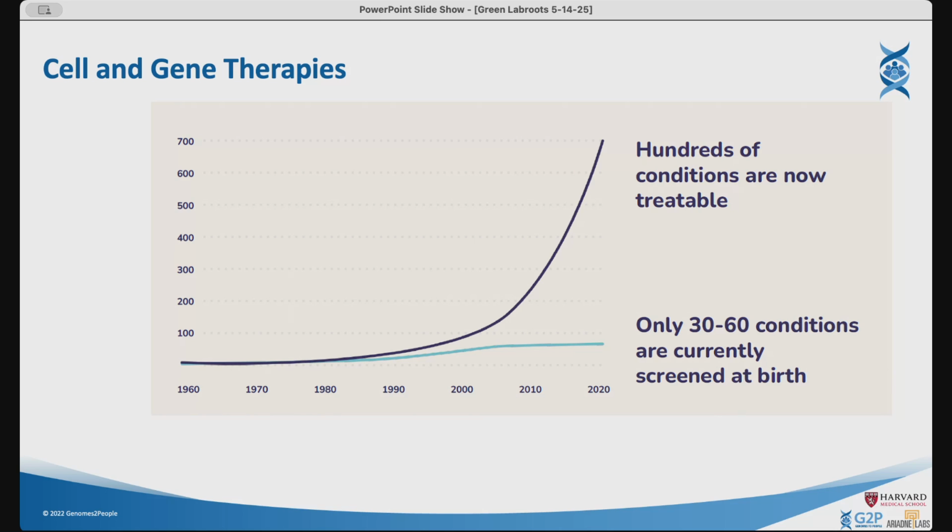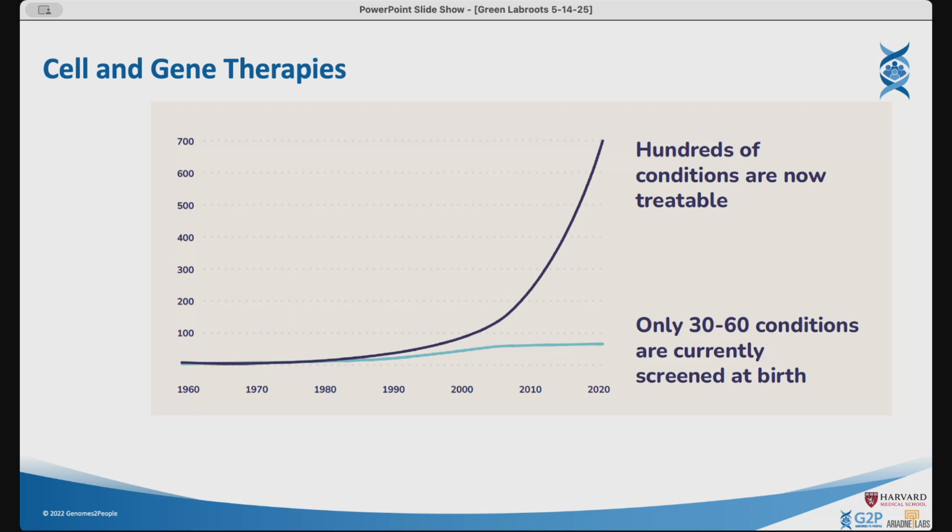And it is cranking out clinical trials and new treatments almost every day. It's actually been estimated that over 90% of genetic conditions could eventually be treatable with CRISPR, prime editing, and other types of gene and cell therapies. So obviously, you want to catch those early.